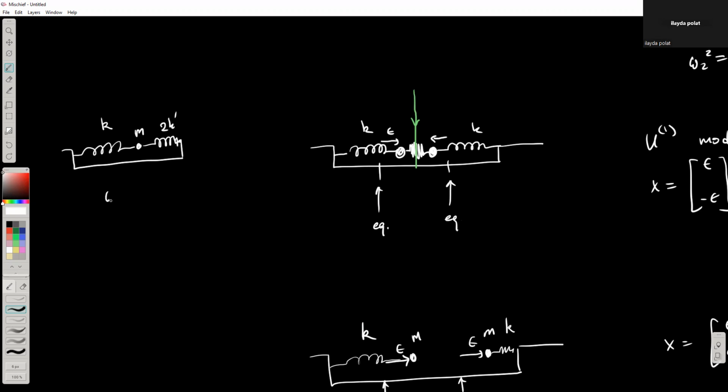These two springs can be considered as parallel connected springs. As a result, the net spring constant in that case is equal to k plus 2k prime. And therefore, the frequency of the oscillation is this.